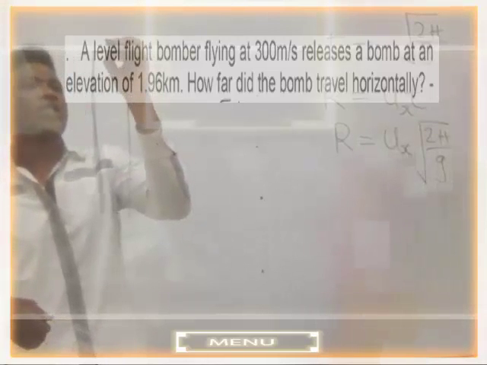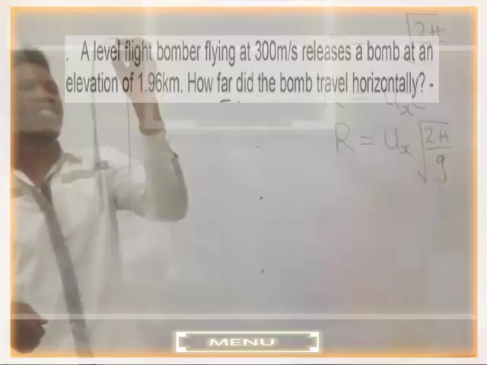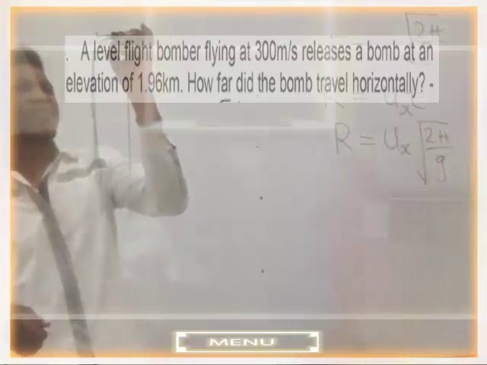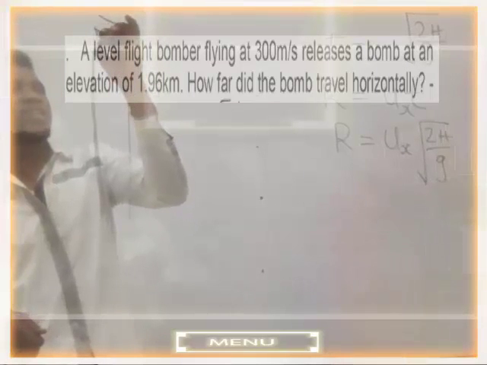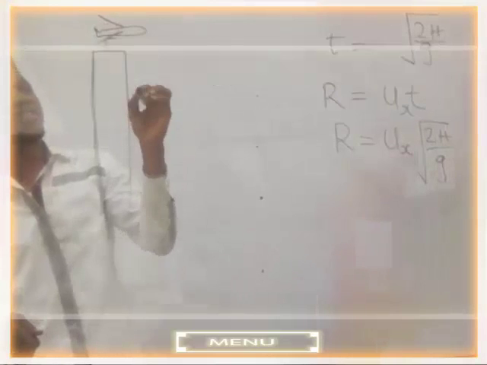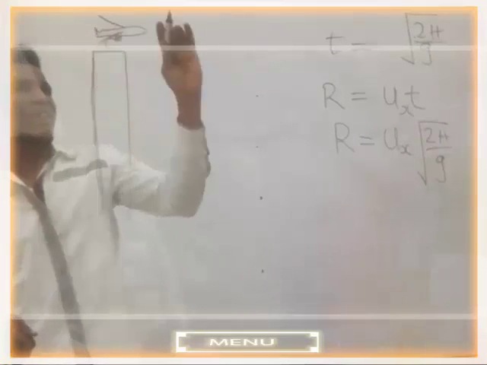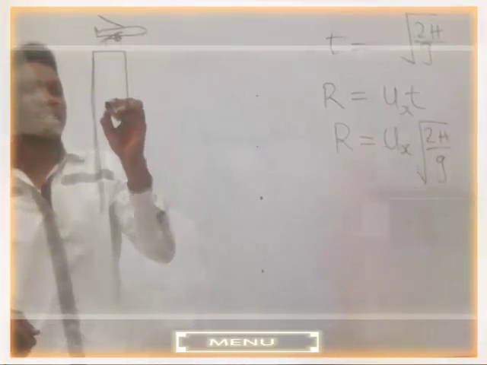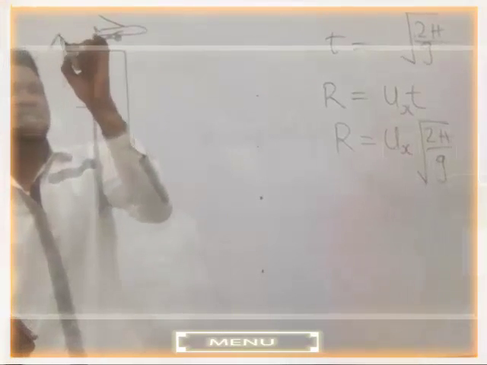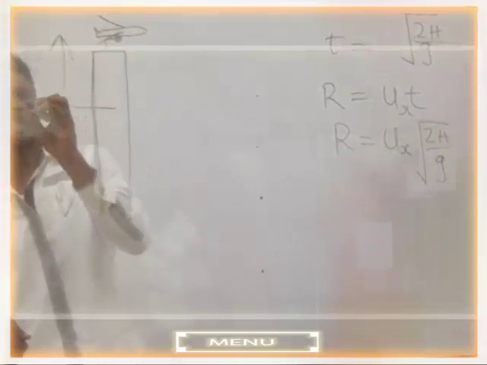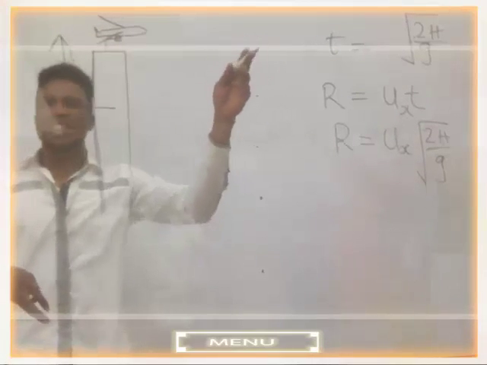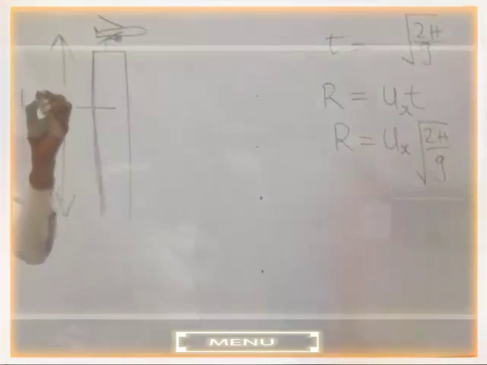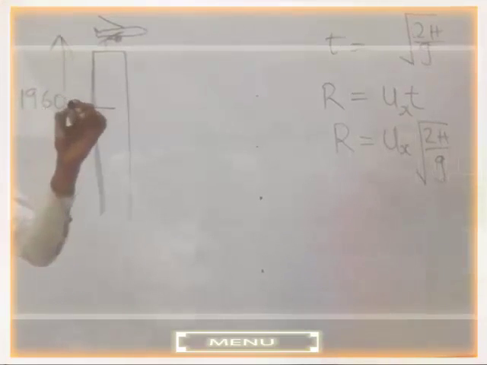So this is the bomber flying. Let's just say it's in the form of an airplane. It's flying horizontally and drops a bomb at a height. The height is 1.96 kilometers, which is the same as 1960 meters.